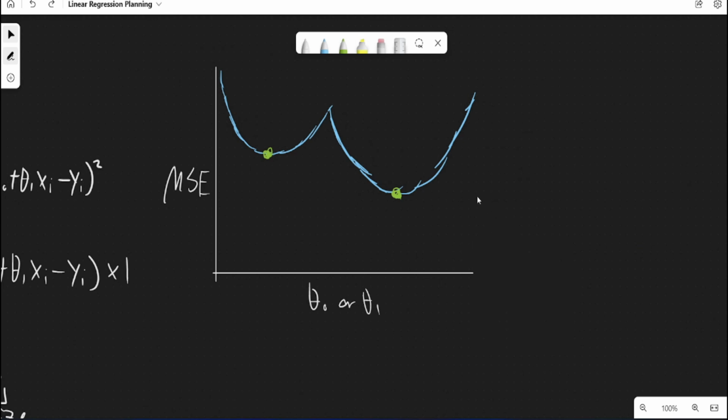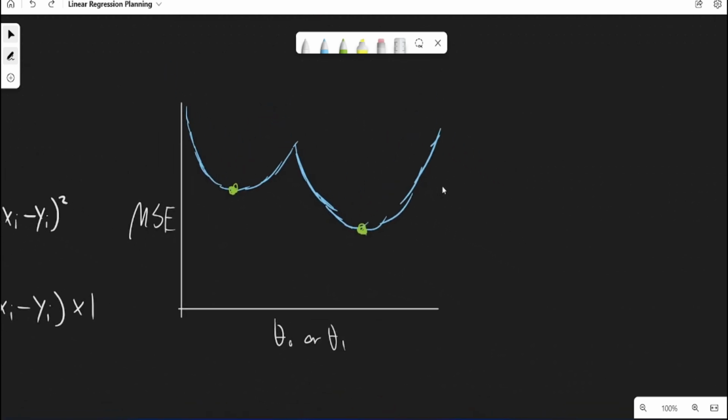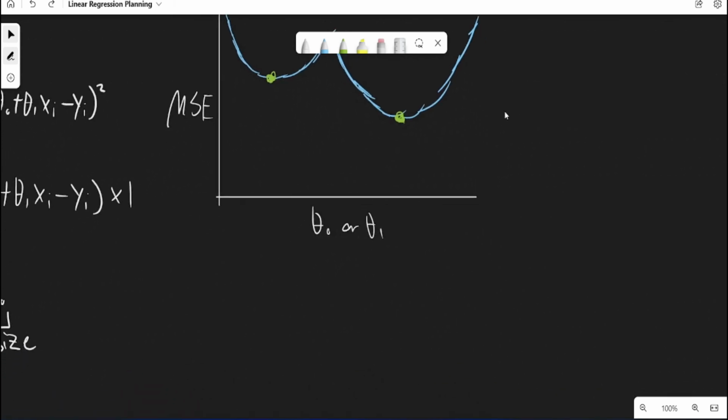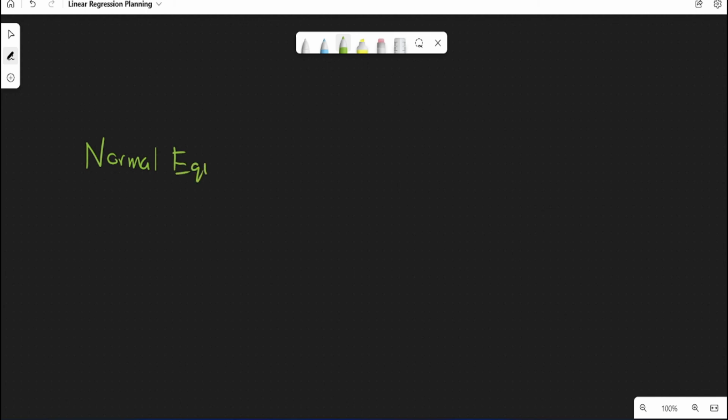So the special thing about linear regression is that we don't actually have to use gradient descent, right? We can also use something called the normal equation. So what is the normal equation? Let me write it out. Normal equation.